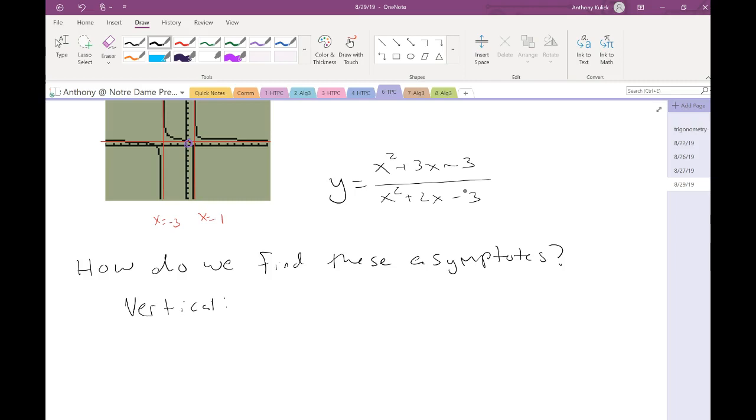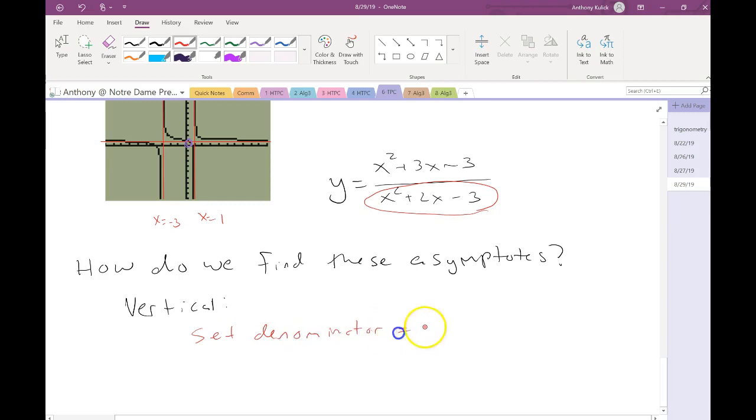It's not the last number on the bottom, although it does have to do with the bottom. It has to do with the entire bottom. To do this, we have to set the denominator equal to 0 and solve.